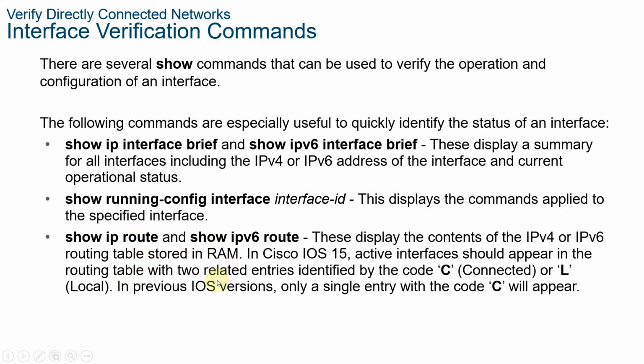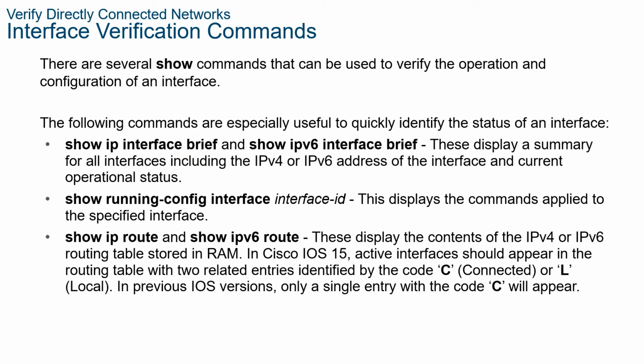Now, the following commands are especially useful to quickly identify the status of the interface. I usually use the command show ip interface brief for IPv4 or show ipv6 interface brief. This will display a summary of all the interfaces, including the IPv4 and IPv6 addresses and the current operational status of the interface.